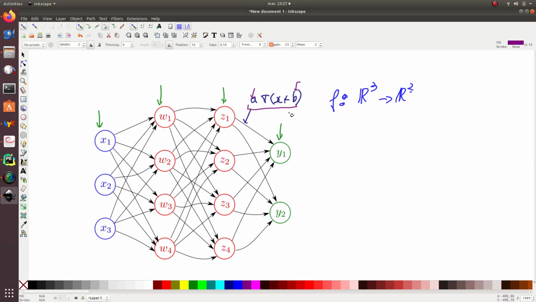What I will have to do is tune all parameters A and B for all arcs so that this function f hat will be similar to f. For this, to tune A and B, I will use a non-convex minimization method.